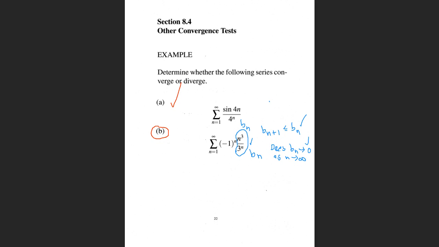So what we're going to do is bring in another test here that we call the ratio test. So I want to bring that test up from the ebook here. Let me find it. Here we go.